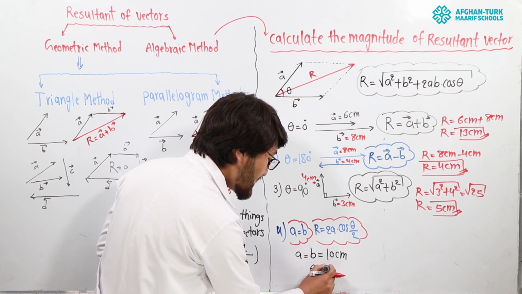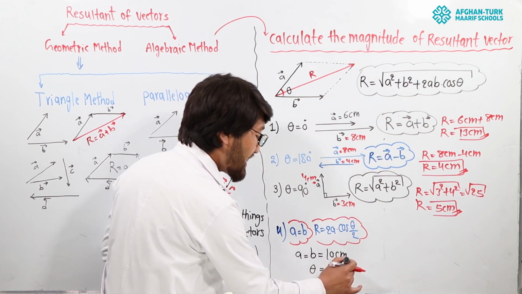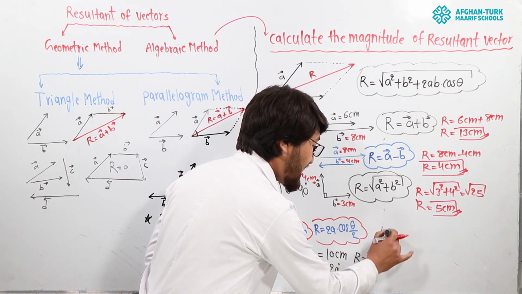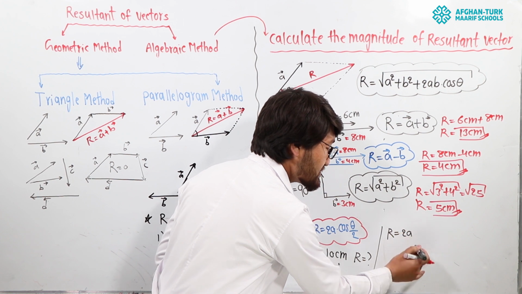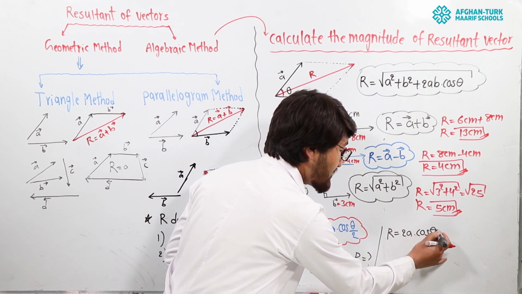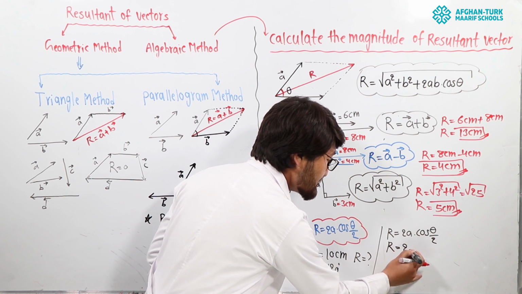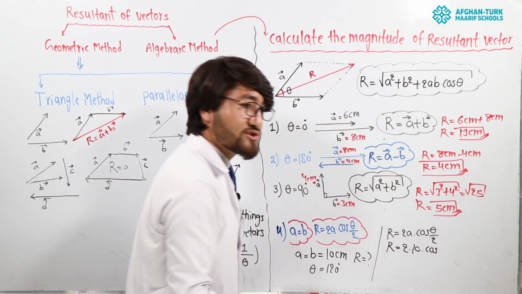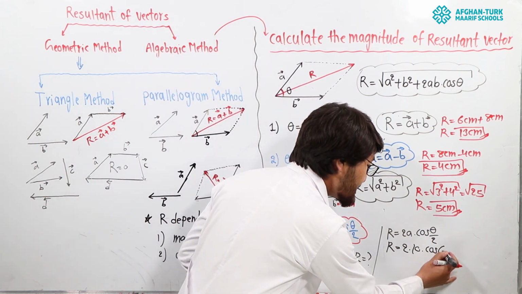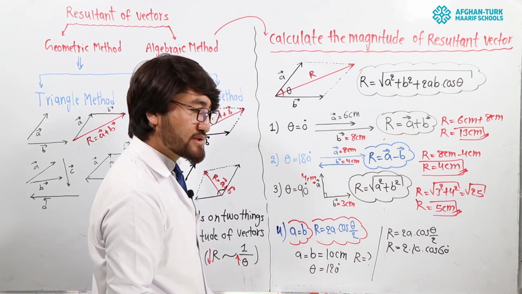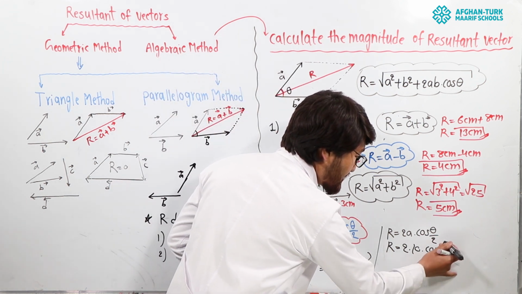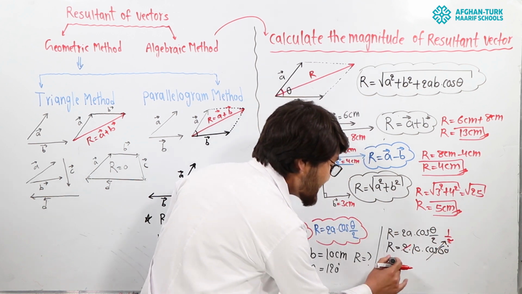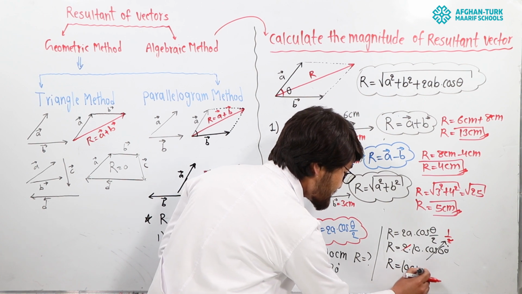If the angle is 120 degrees, find R. How to solve this question? We have the formula R is equal to 2 times A times cosine theta over 2. A is 10 centimeters. Theta over 2 is 120 divided by 2, which is 60. Cosine 60 is equal to 1 over 2. The 2 cancels with the 2. What's the answer? 10 centimeters.